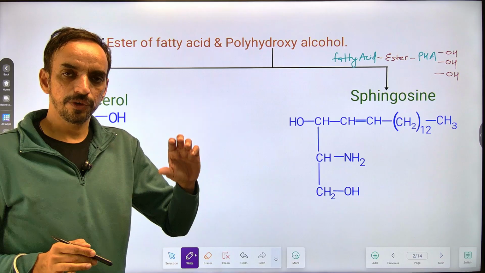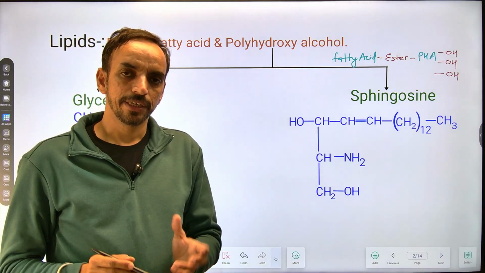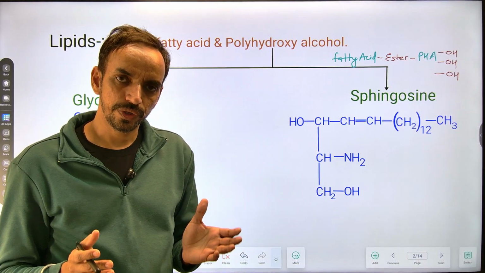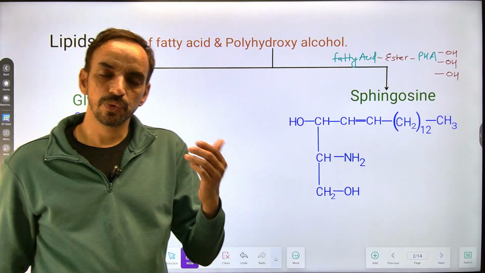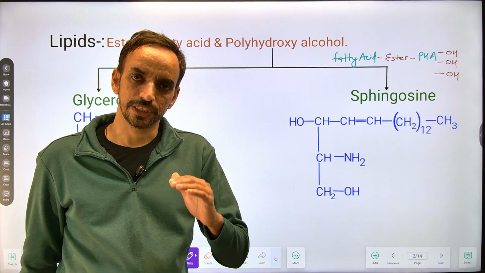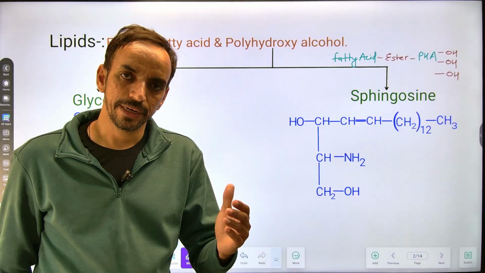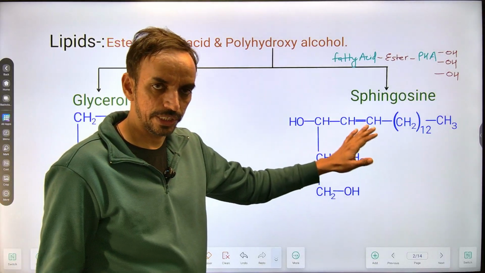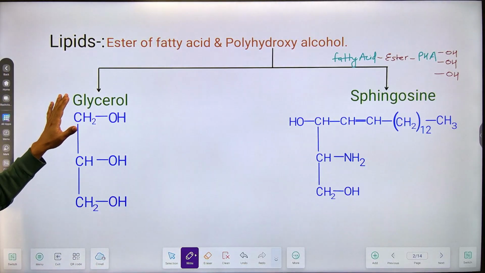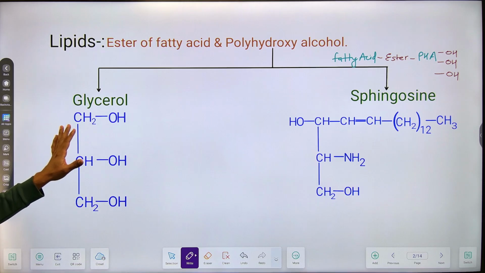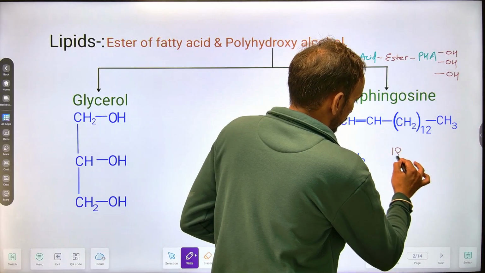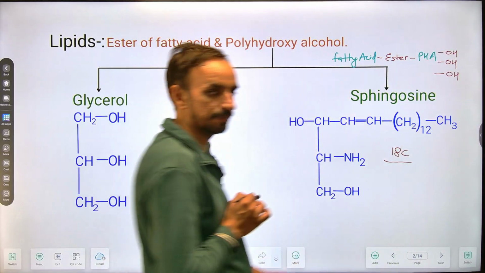If we talk about membrane lipids, there is a presence of two different types of polyhydroxy alcohol in membrane lipids. These are glycerol and sphingosine. Glycerol is a 3-carbon alcohol, and sphingosine is an 18-carbon alcohol.